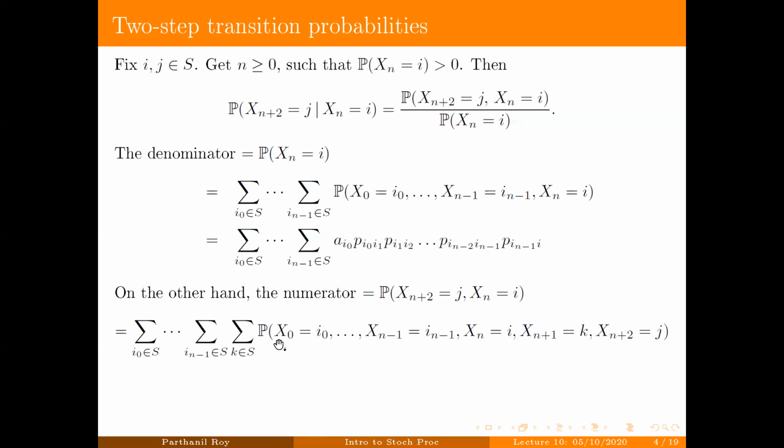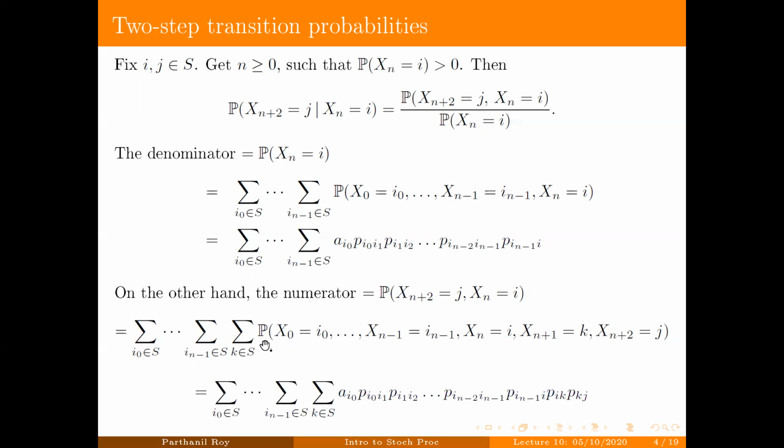We have computed the joint distribution of X0 to X(n-1), Xn, then X(n+1) and X(n+2), and then summed over all possible values of X0 to X(n-1), that's these sums, and then also all possible values of X(n+1). So that will leave us with the joint distribution of Xn and X(n+2).